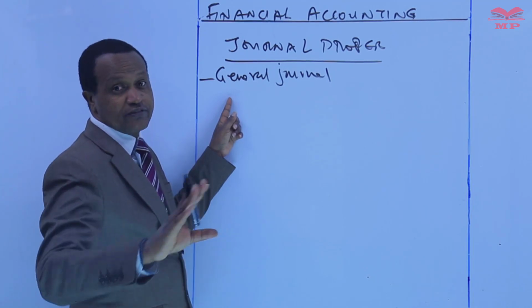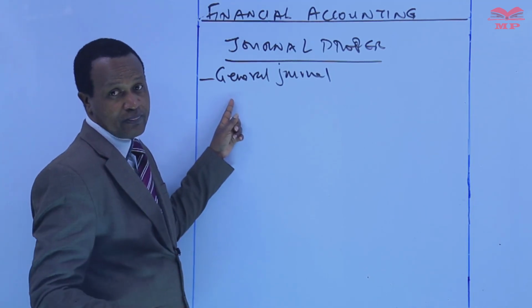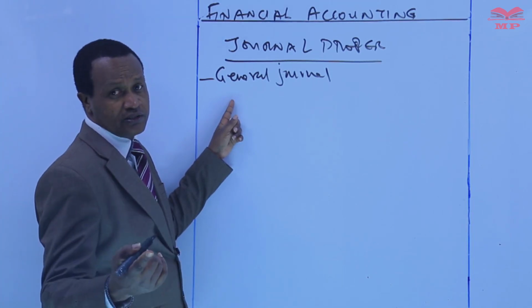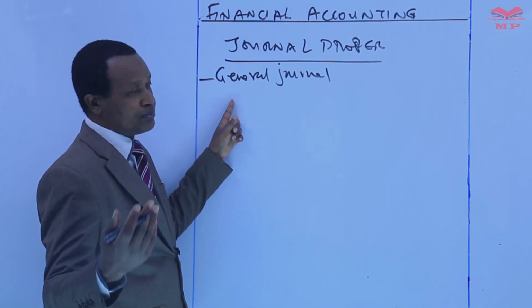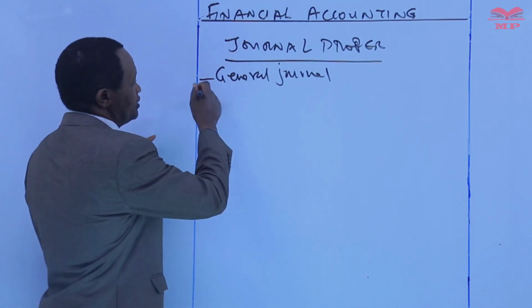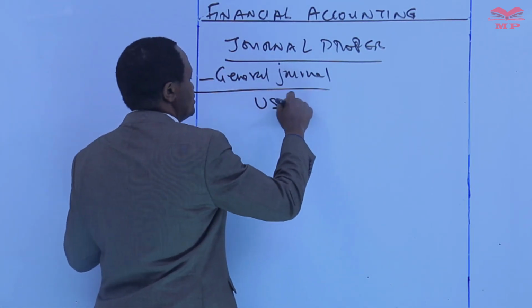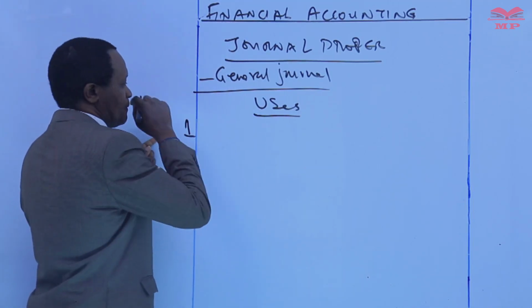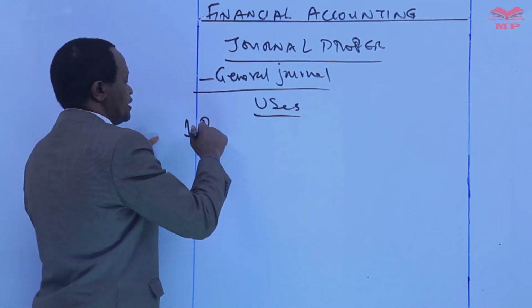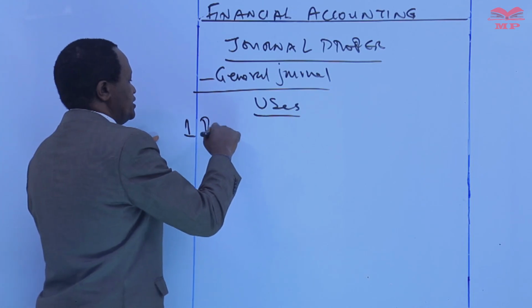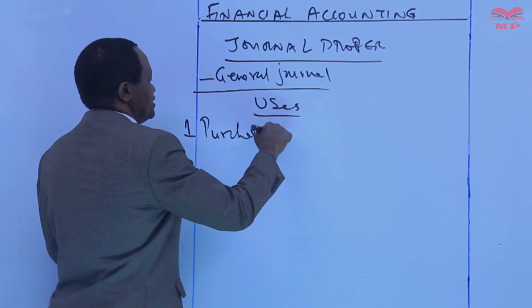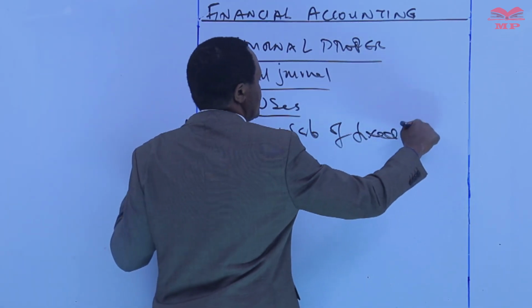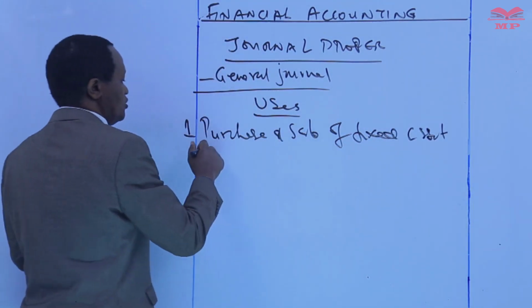So there are various functions of the journal proper. Do you understand? For example, the journal proper uses include, one, recording the purchase and sale of fixed assets on credit.